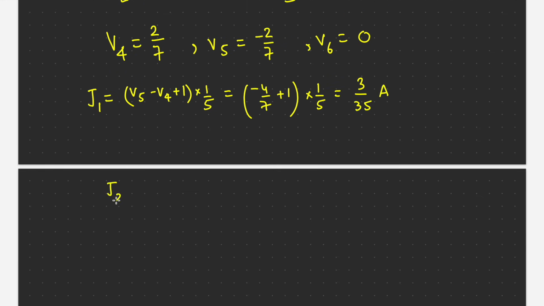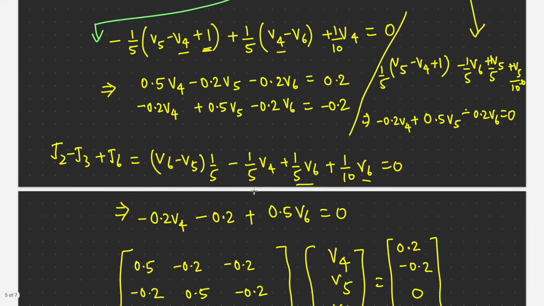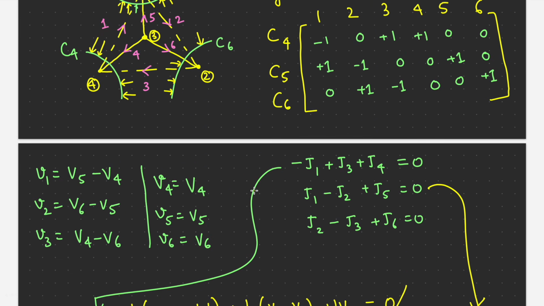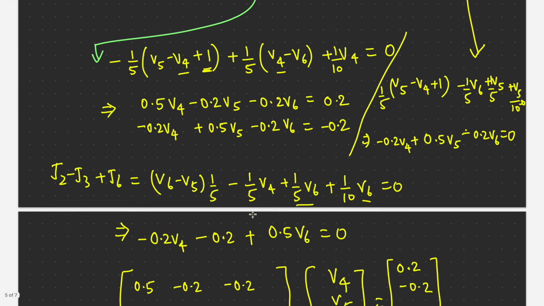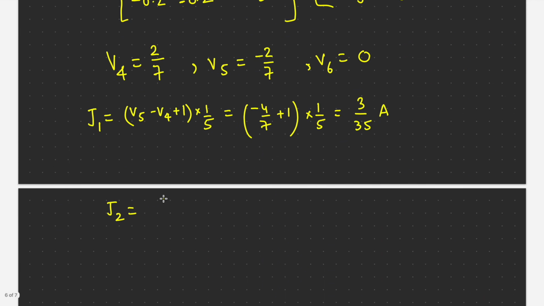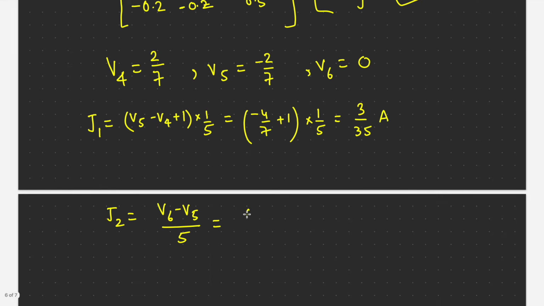Then the branch current in 2 will be V6 minus V5 divided by 5. V6 is 0, minus minus 2 by 7, divided by 5.